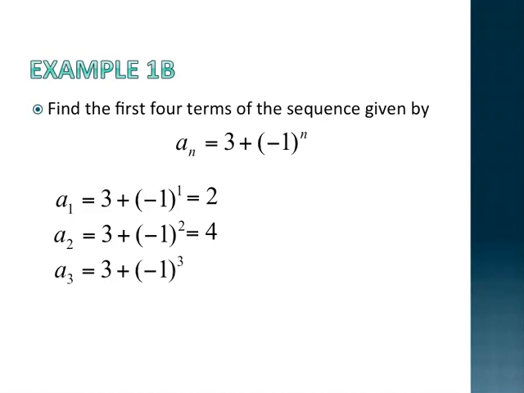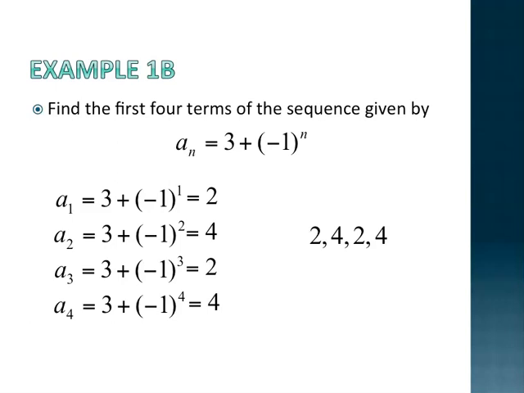A sub 3, this is going to look like the first term, because now we're raising it to an odd power. That's going to come out to 2. And then a sub 4, we're raising it to an even power, so this will look like the second term. So we have 3 plus positive 1 is equal to 4. And you can kind of guess what's going to happen next based on what you're seeing with the pattern, with whether it's an even or an odd integer and what that does to the function.